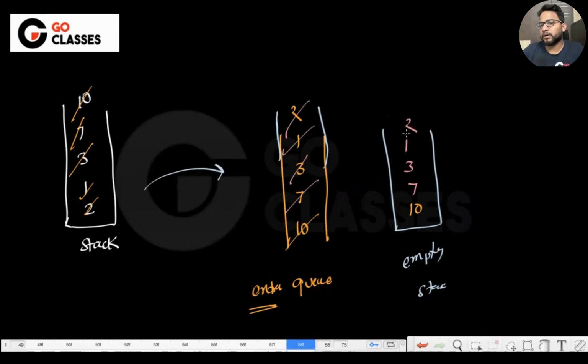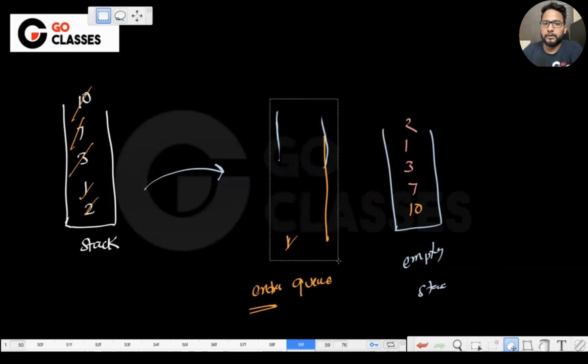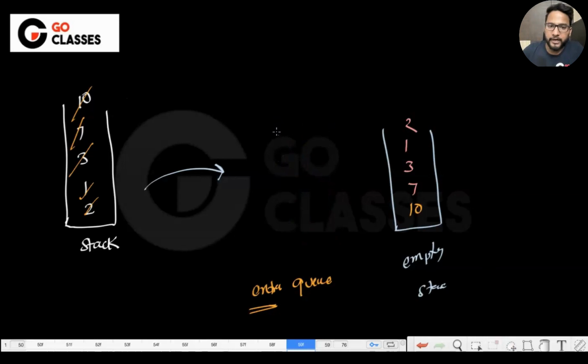And then we have this as the current state, which means Q will be empty in that case, obviously. So Q will be emptied and the stack will be full, right?